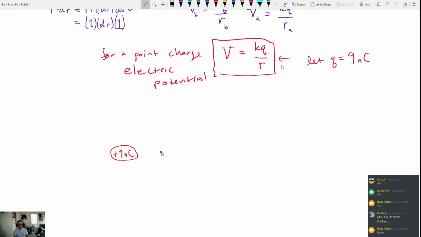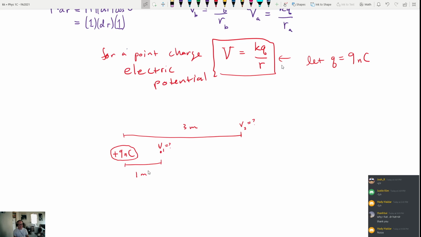Now, suppose that I come to a few different distances here. So I go 1 meter, 3 meters, and I want to calculate the potential at this location, we'll call it V1, and the potential at this location, we'll call it V2.